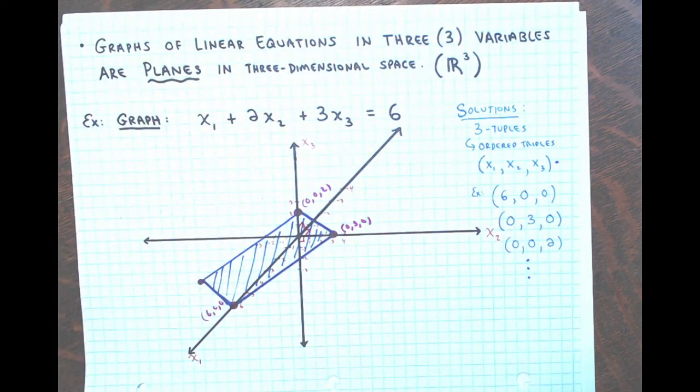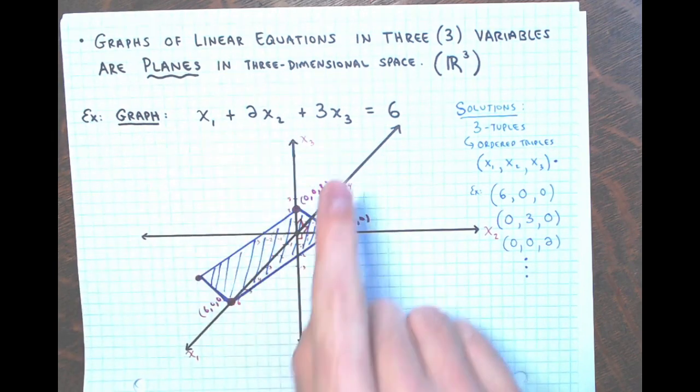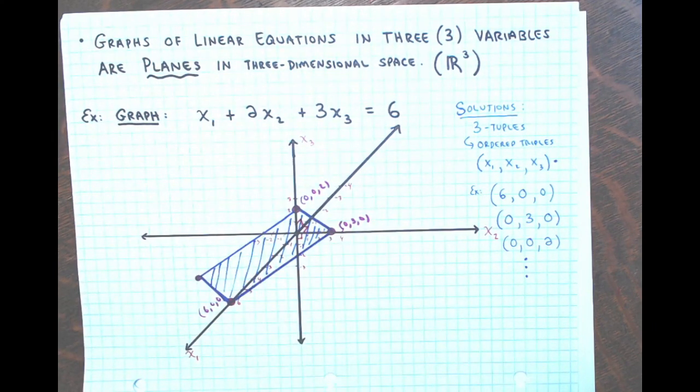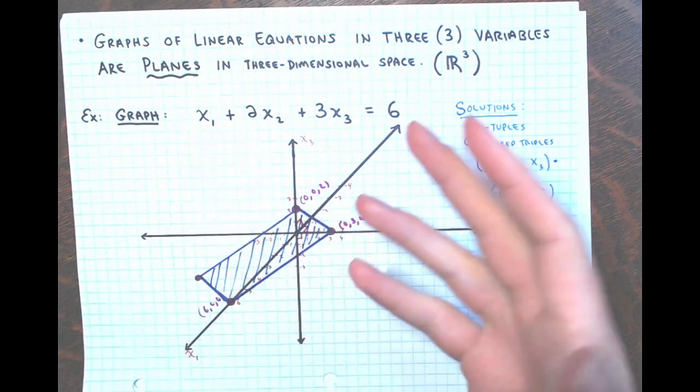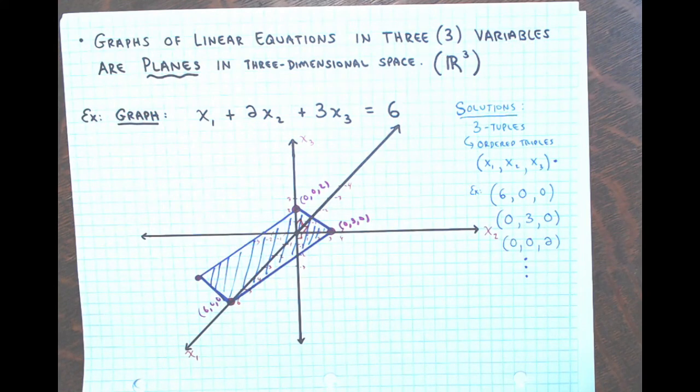And then after that, a linear equation in 4 variables, a linear equation in 5 variables, and so on. You can't picture those. We only live in 3 dimensions. I cannot draw a picture. I can throw in another axis maybe and just imagine stuff, but even imagining 4 dimensions and 5 dimensions is difficult, if not impossible.